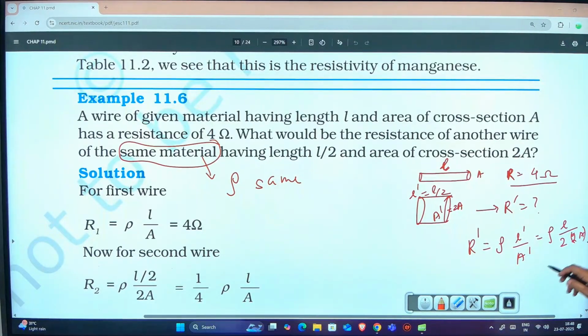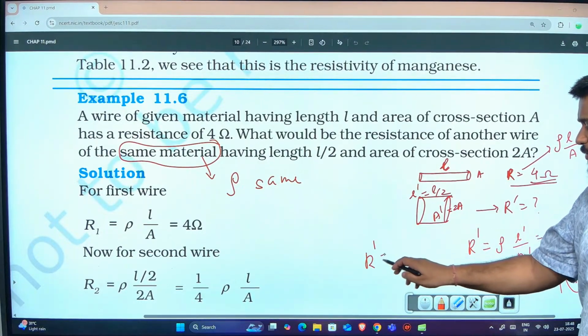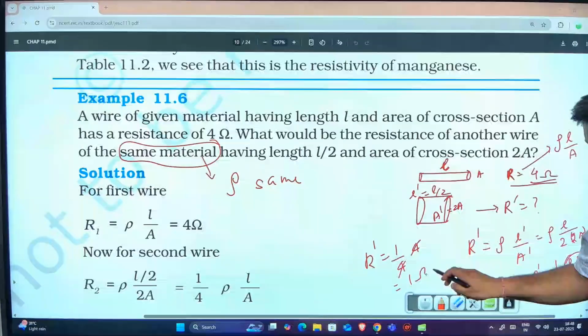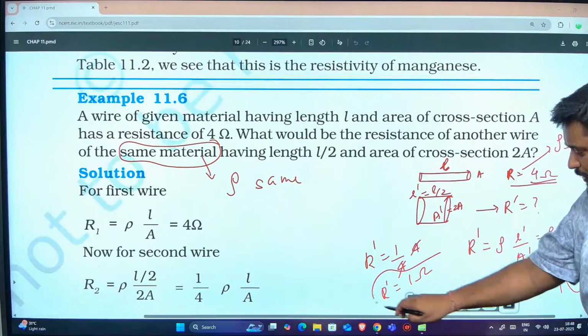Now R dash will become equal to 1 by 4 times of rho into L by A. Do you agree with me? What is rho L by A given? 4. R value is what here? Rho into L by A only, no? Rho L by A is given as 4. So R dash will become equal to 1 by 4 times of 4. How much is that? 1 ohm. So R dash will become 1 ohm. Is it clear to you?